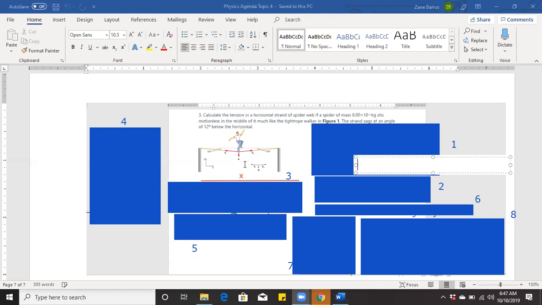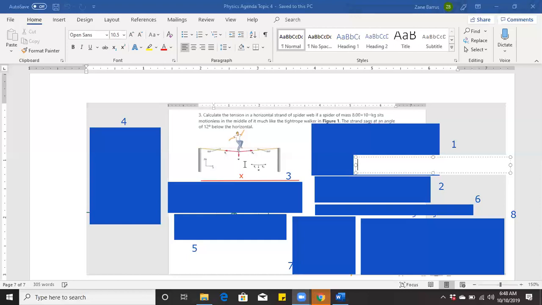There's the weight vector pulling down on the man, that's his gravitational force. There's a tension force being pulled up and to the left by the left post, and a tension force pulling up and to the right by the right post. Those are the 3 forces we need to worry about.